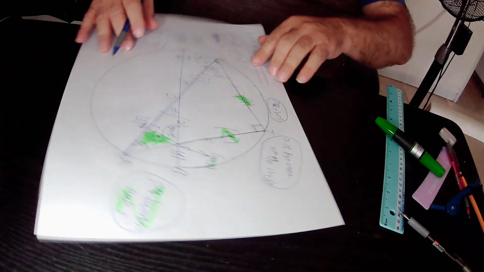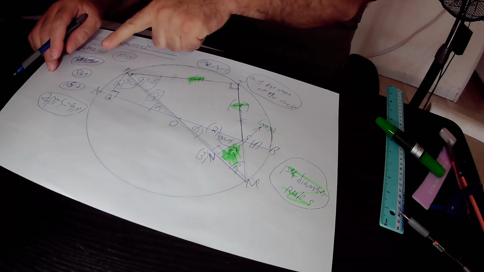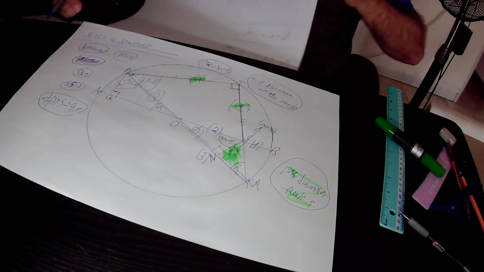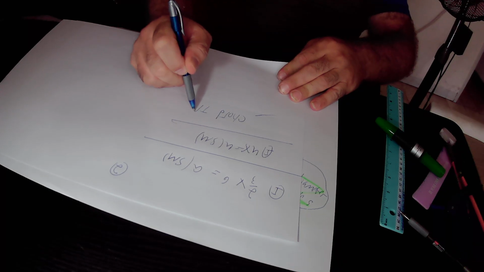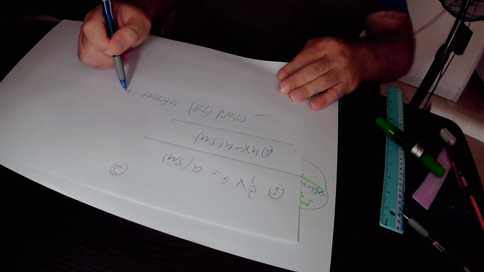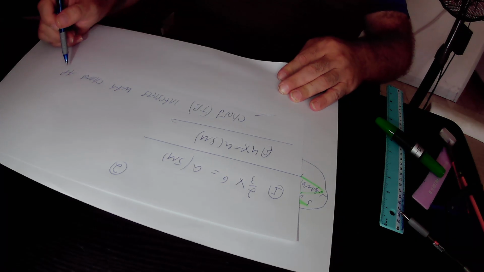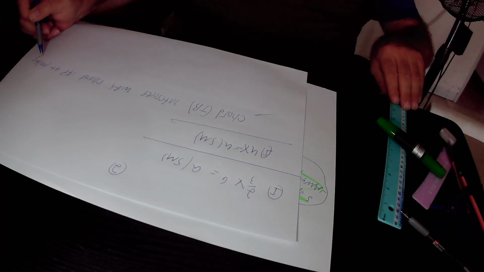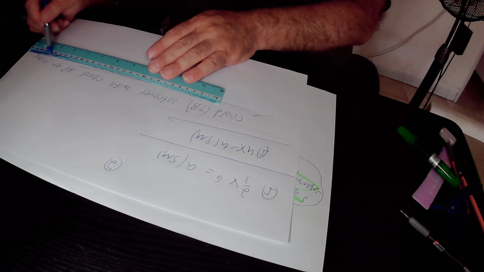Why? Because in our drawing, chord TM intersects with chord AB at point S. So write it down: in our drawing, chord TM intersects with chord AB at point S. So all the requirements of rule 15 are satisfied, and we can implement rule 15 in our drawing.